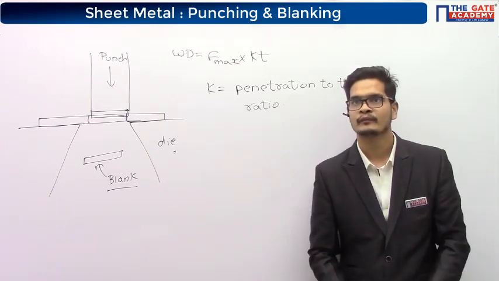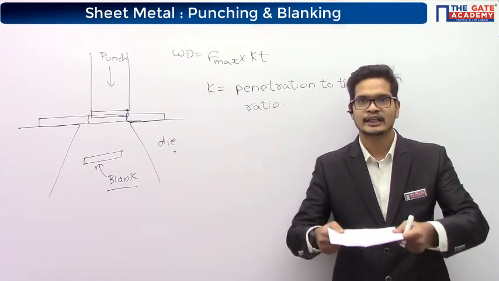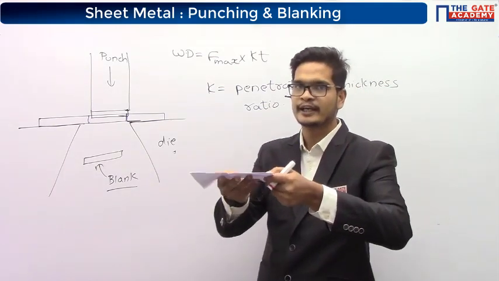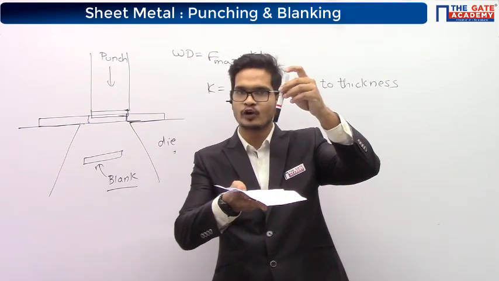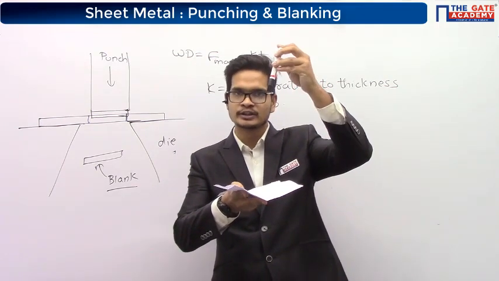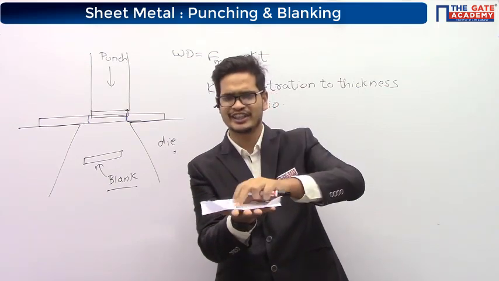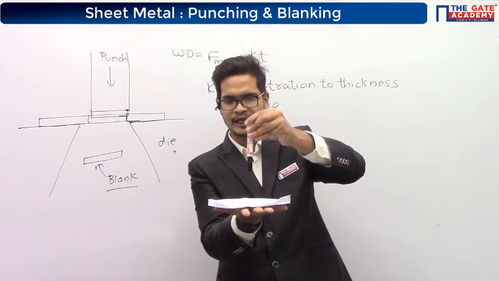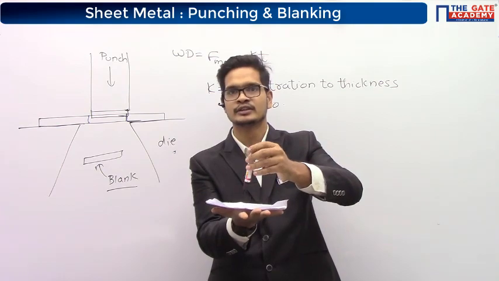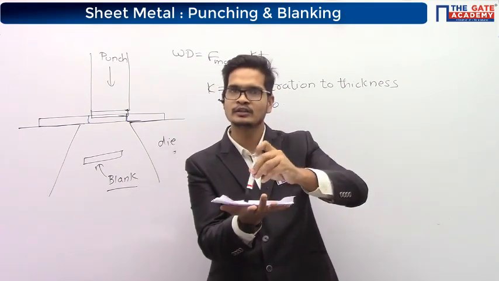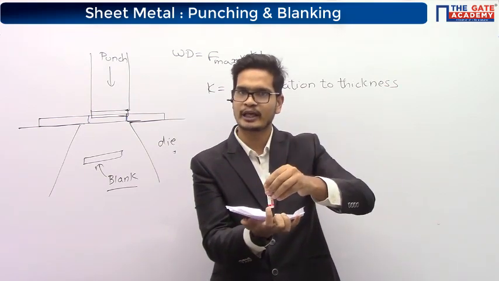Okay. So let's proceed. Let's suppose this is a sheet metal and I want to make a hole on this. So I am using a punch like this. It is perfectly straight. I am trying to make a hole like this. So there are two cases. In one case, I am trying to make the hole along with the cap, when the cap is on.